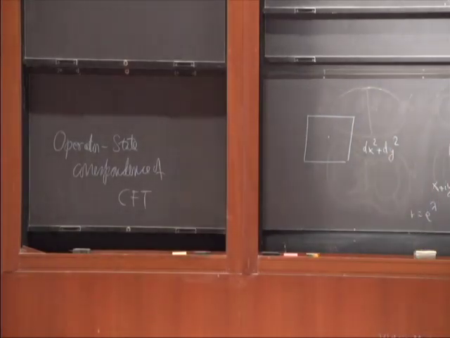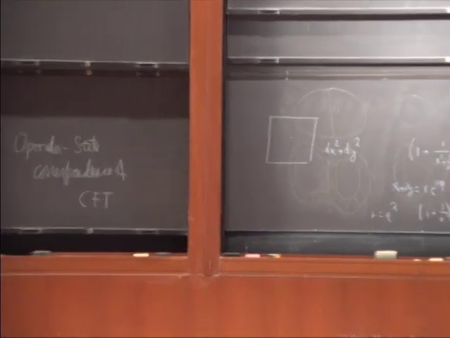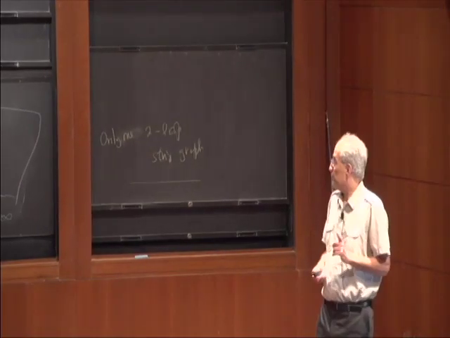This is also true in higher dimensions for essentially the same reason. So if you study four-dimensional quantum field theory, conformal field theory for some reason, or three-dimensional quantum field theory for critical phenomena, or whatever, you'll run into the same operator state correspondence.